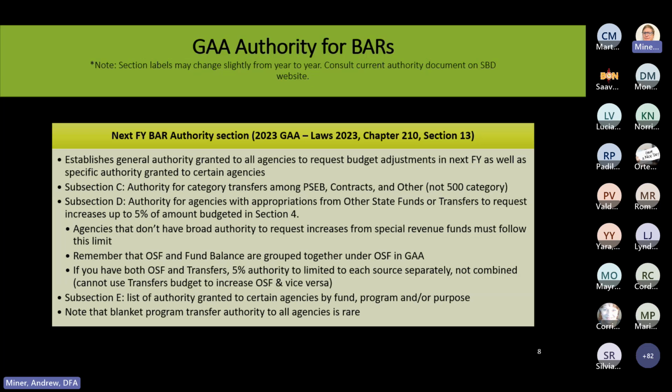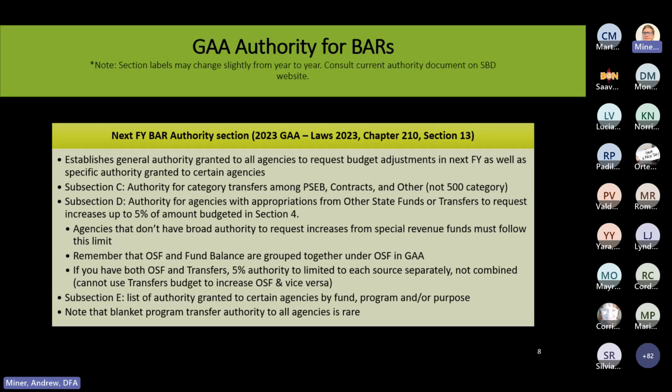Subsection D is authority for agencies with appropriations from other state funds or transfers to request increases up to 5% of the amount that's budgeted in section 4. This is commonly known as the 5% rule, or the 5% limit.